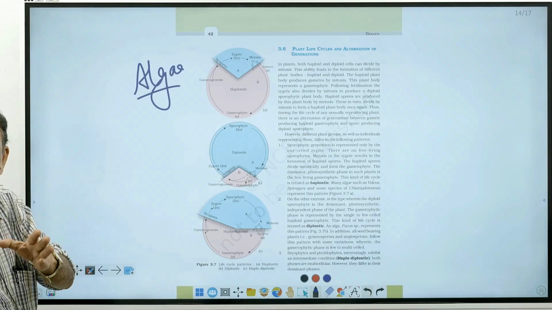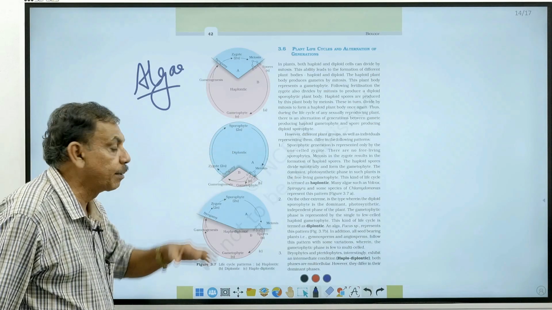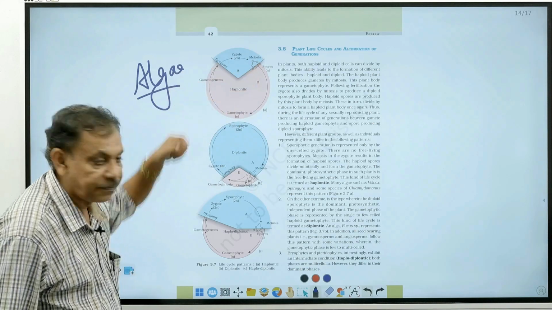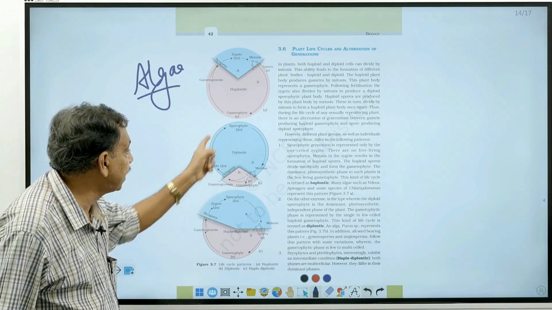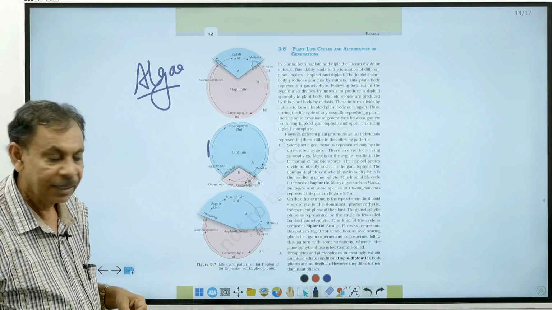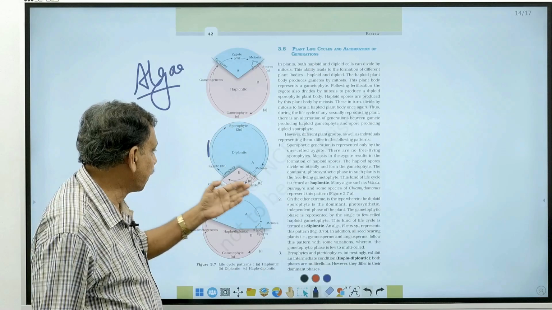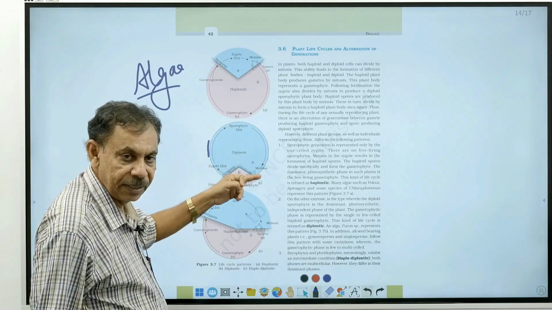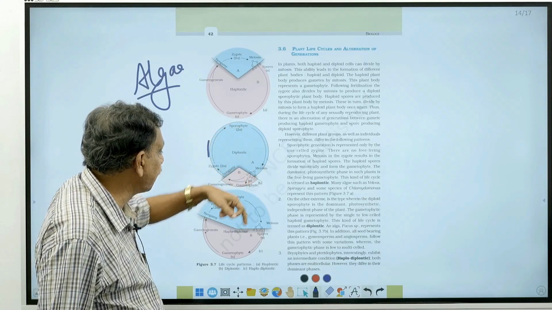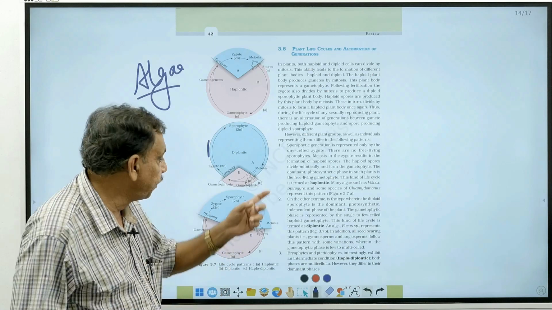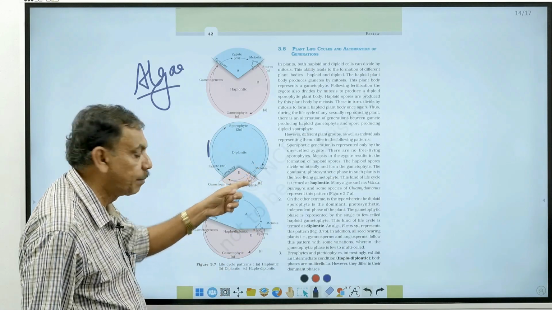Some exceptions are there. Diplontic means what? Just the opposite of this. In haplontic the dominant stage is gametophyte, whereas in diplontic the dominant stage is sporophyte. The sporophyte starts from the zygote. The zygote develops into a diploid sporophyte. Spore mother cells are produced, undergo meiosis, and haploid spores are produced.